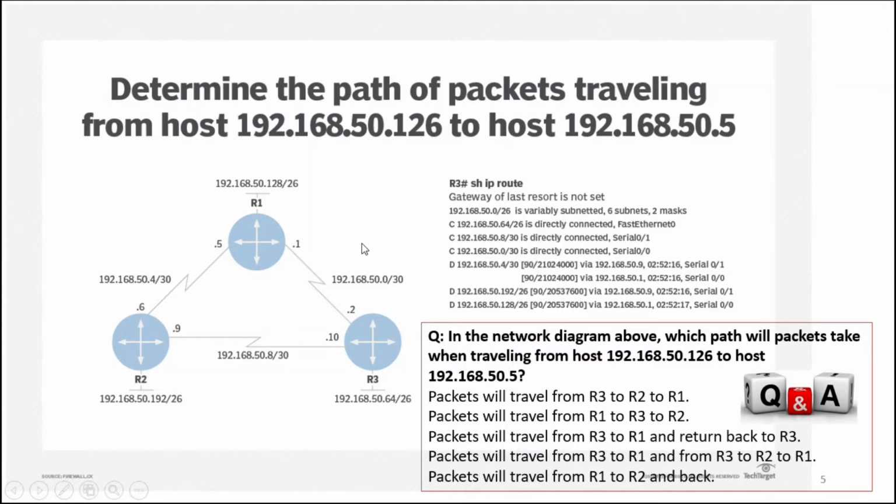Directly we go to router 3, because it is within the range of the LAN of router 3. 50.126 here, 50.64 the network. The next network here is 64, the next network here is 128.